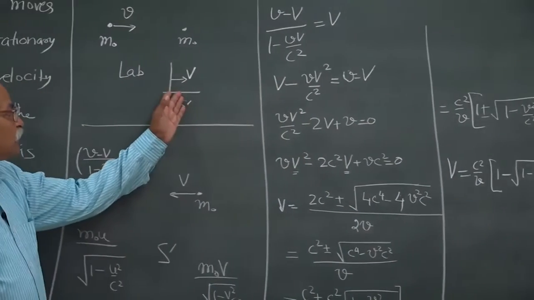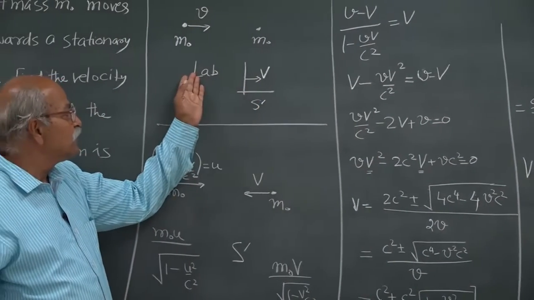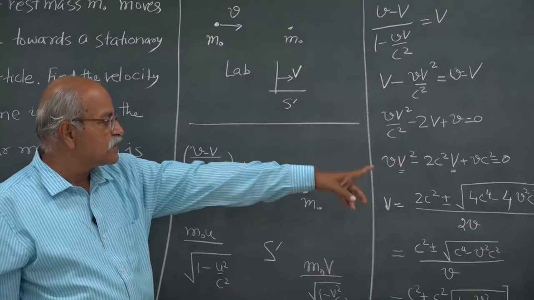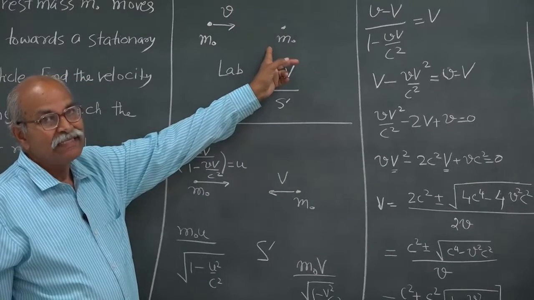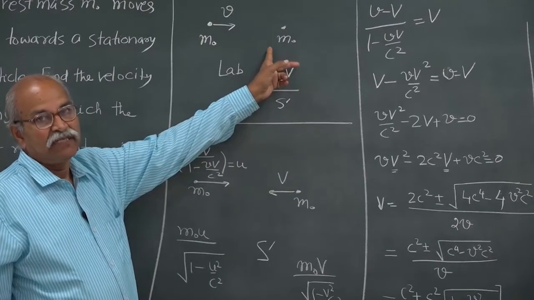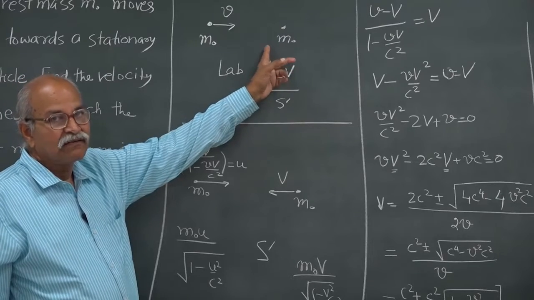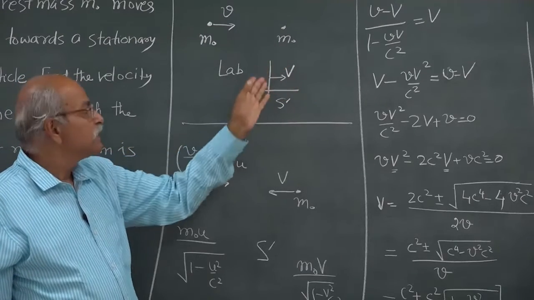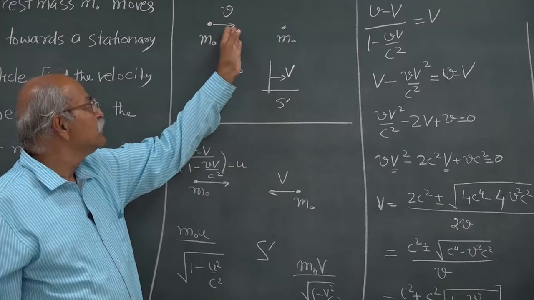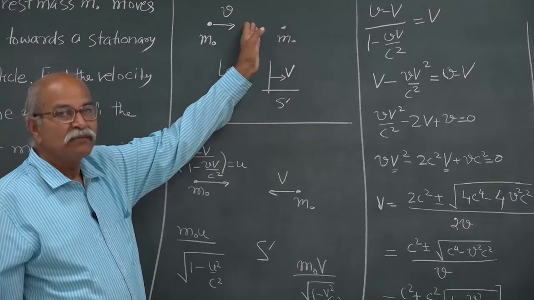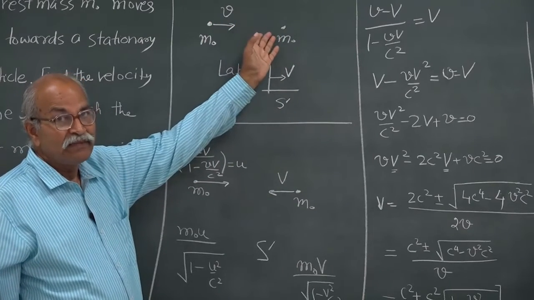So, a frame which moves with respect to the lab at this velocity, in that frame the total linear momentum will be 0. If it was non-relativistic, the answer was very simple, it is small v by 2. Then here this becomes v by 2 and this becomes v by 2 in opposite direction, and linear momentum is 0.